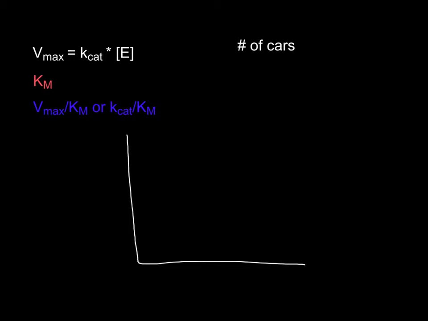So we're going to say cars per day, but it's just the amount of product per time. That's the same thing with an enzyme. It's the amount of product per time, the concentration of product per time. Okay, so that's going to be equal to our velocity.